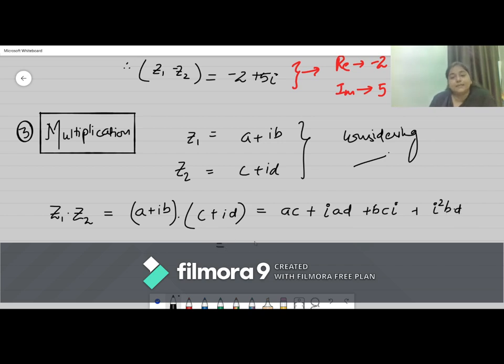Let us collect the like terms. a into c plus iota common out, a into d plus b into c plus i square into b into d. Isn't it?